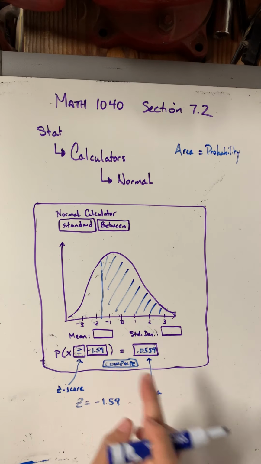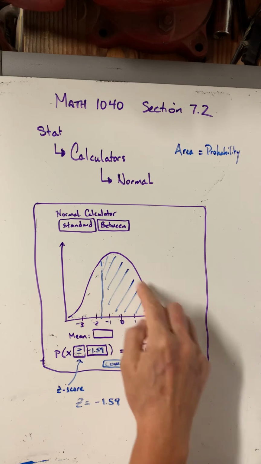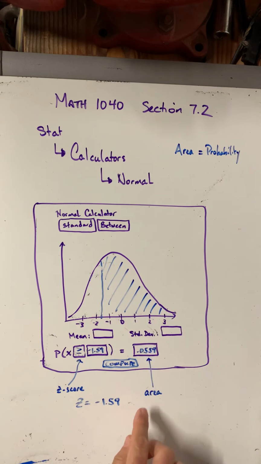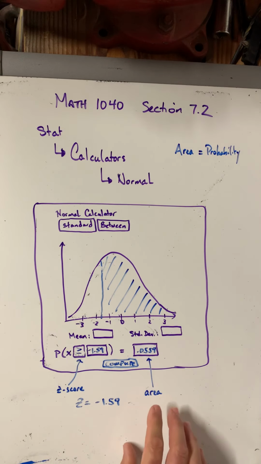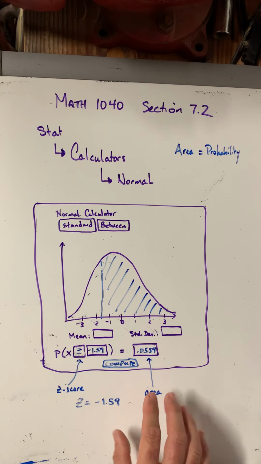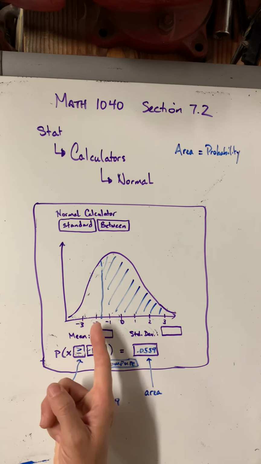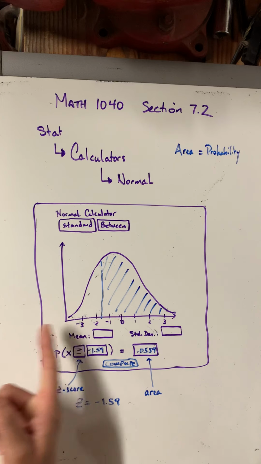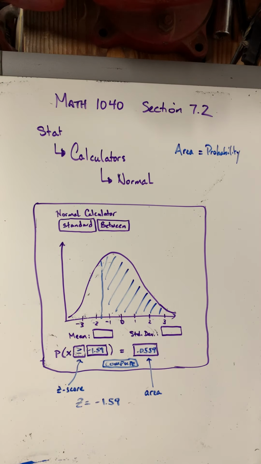Then you put your z-score in, and you get your area out. Why do we get the area? Because the area is the same thing as the probability. So in this question, the probability of being more than 1.59 standard deviations to the left would be 0.0559.